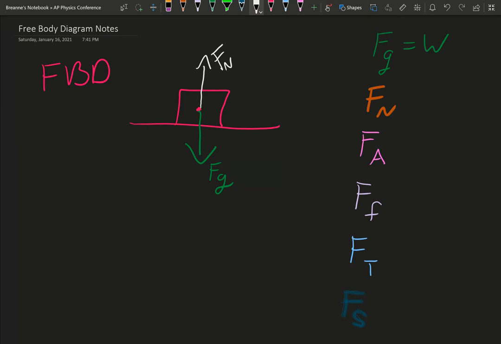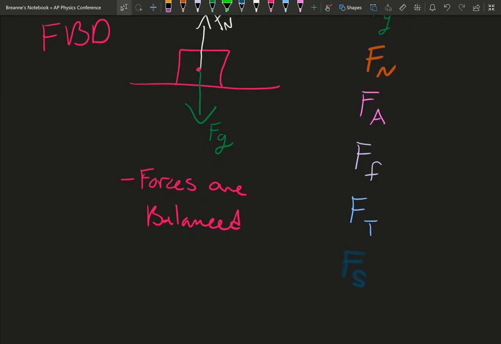Now, we will learn in our next video that since it's not moving, the forces are balanced. That means your vectors, because these are vectors, are the same length.